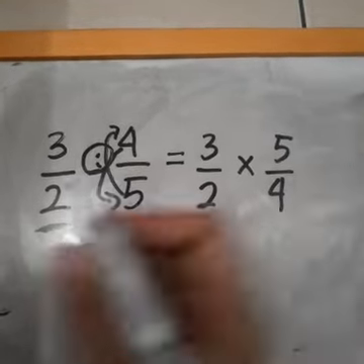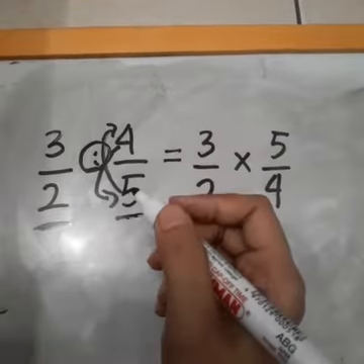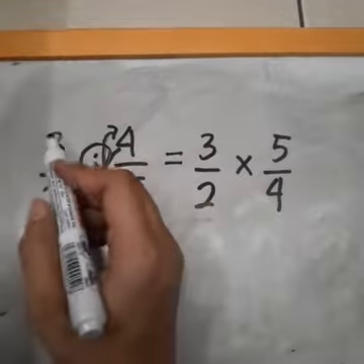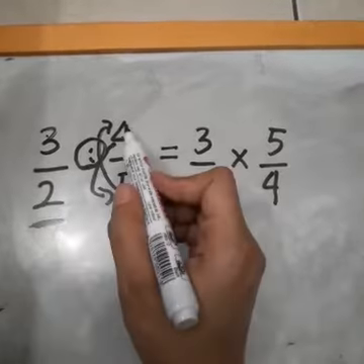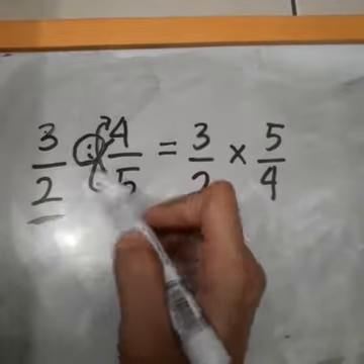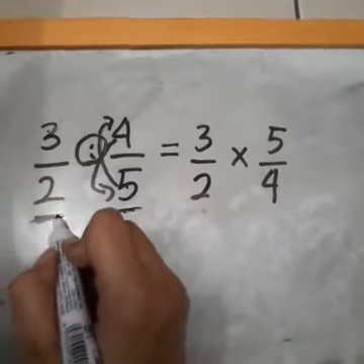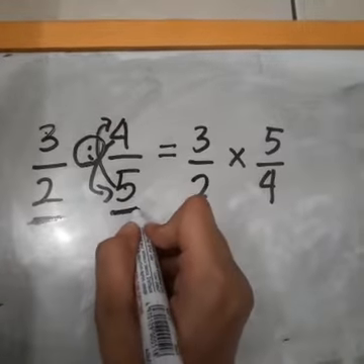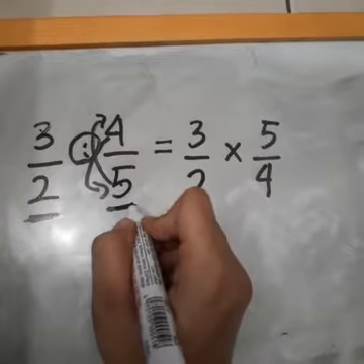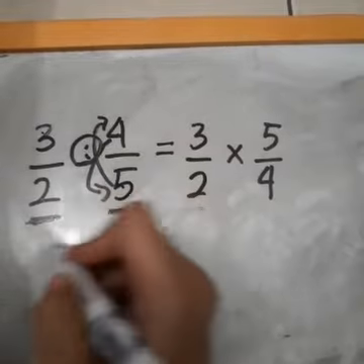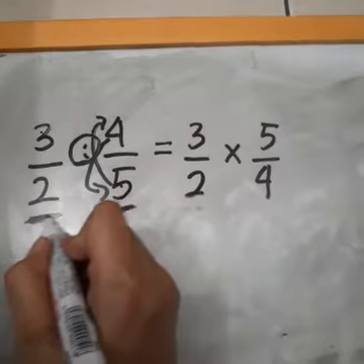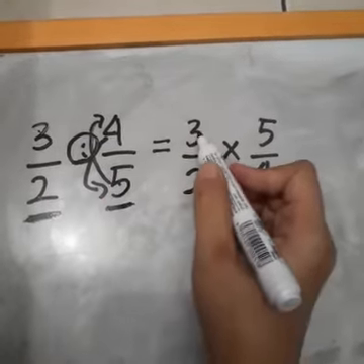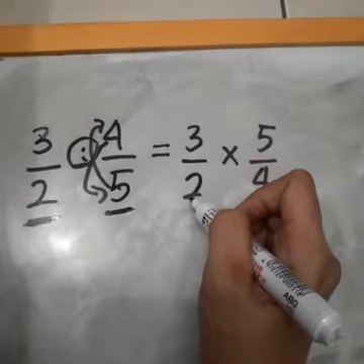I repeat it. 3/2 divided by 4/5. This is the first fraction and this is the second fraction. For dividing fractions, we keep the first fraction the same, 3/2.